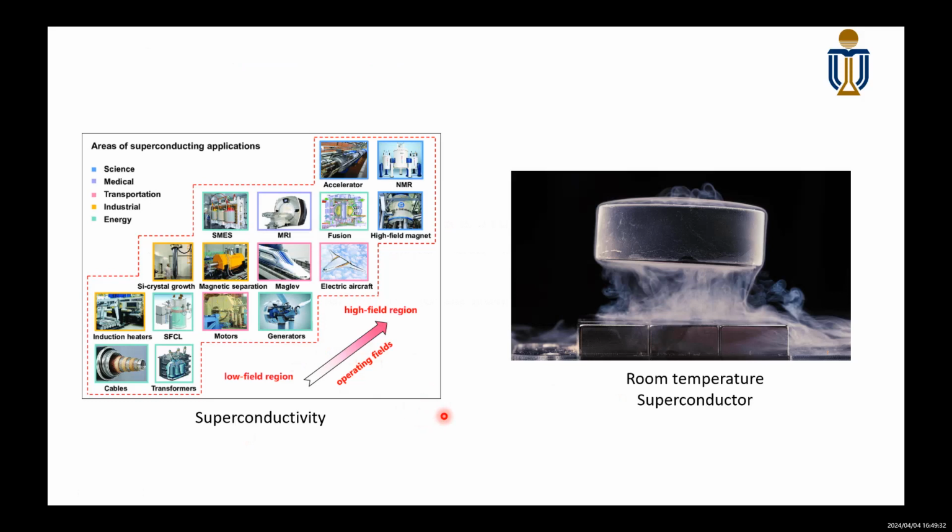However, superconductivity can only occur at temperatures close to absolute zero due to the third law of thermodynamics. Superconductivity has been applied in many aspects, including science, medical, transportation, industrial, and energy. However, nowadays many scientists are doing deep research into superconductivity at room temperature. If you have interest in it, you can refer to some reports about this.